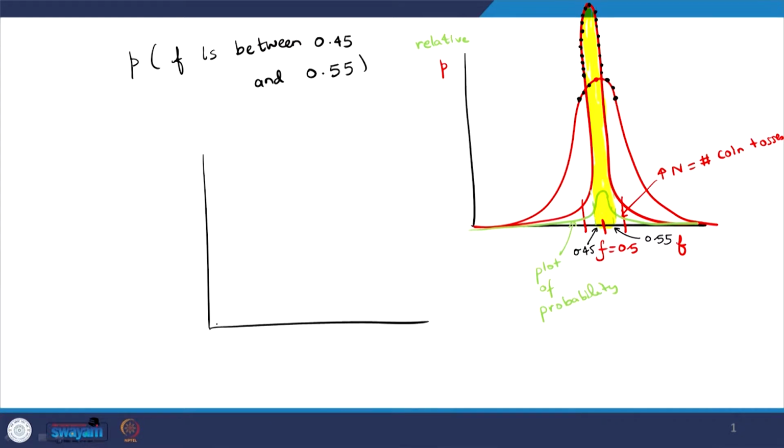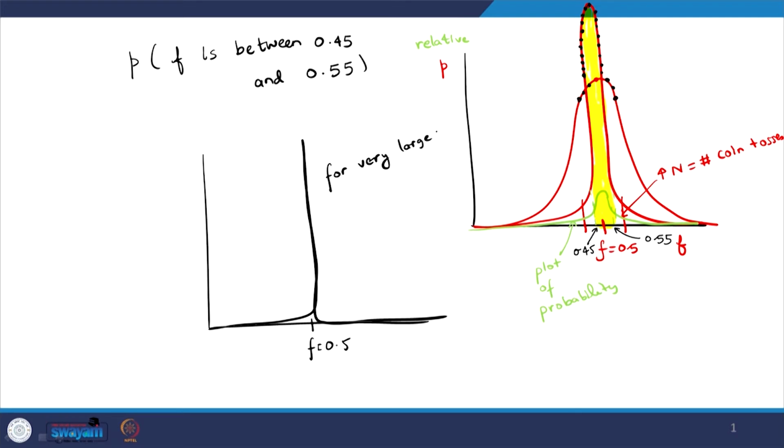And therefore, what we can see, if I keep on increasing the number of tosses, we will have a scenario where the probability will start looking like something like this, very closely peaked at f equal to 0.5 for very large n.